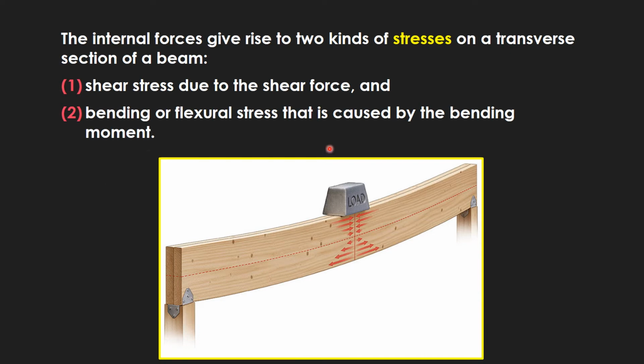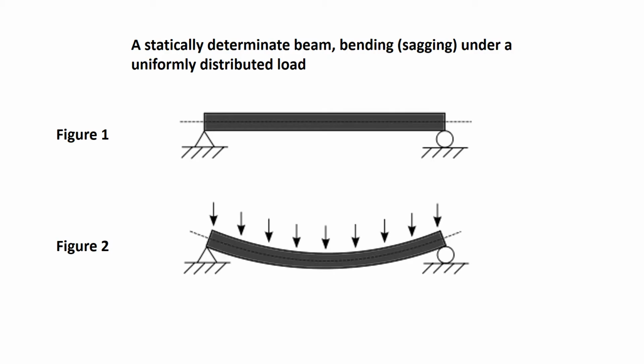Now, meron binanggit dito na bending moment. So, that is because yung external load, ang ginagawa nito ay binebend yung beam. Or, as we will see in the next slide, merong sagging na tinatawag. So, ito yung bending or sagging na nangyayari.